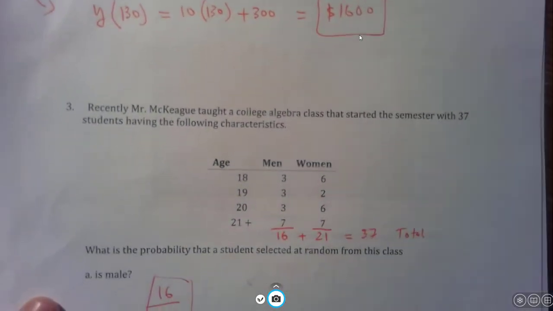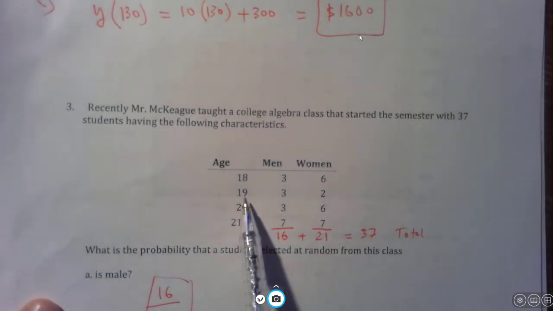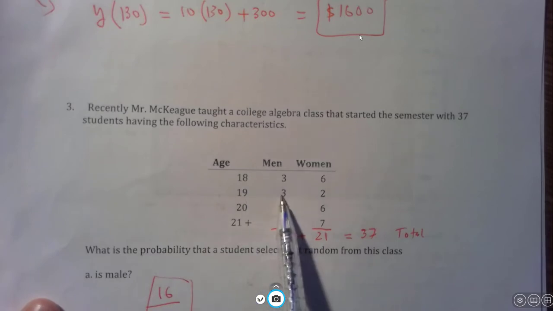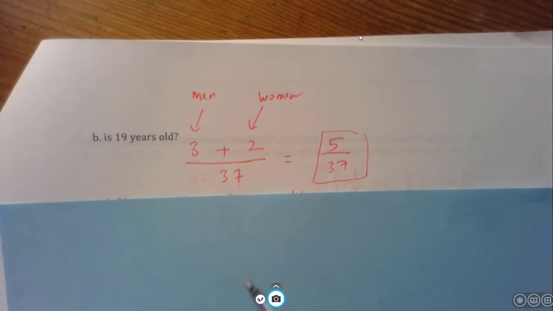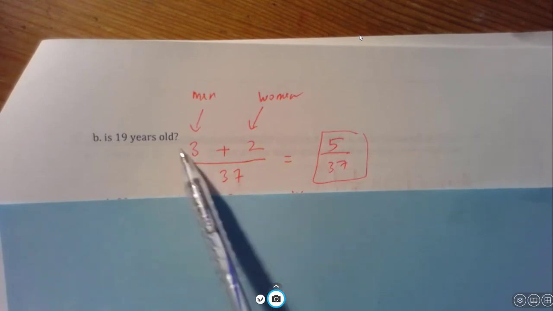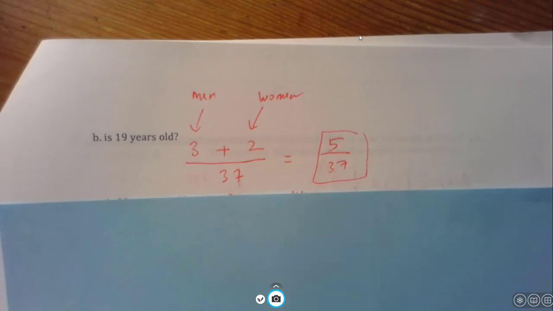And don't forget that 19 years old students, it could be man or woman. So we add the man 3 and the woman that is 2. So together, out of 37, which is the total number of the students in that class, the chance of getting any 19 years old is 5 over 37.